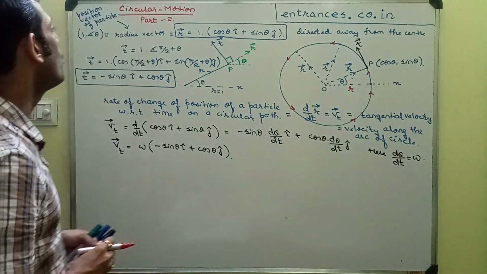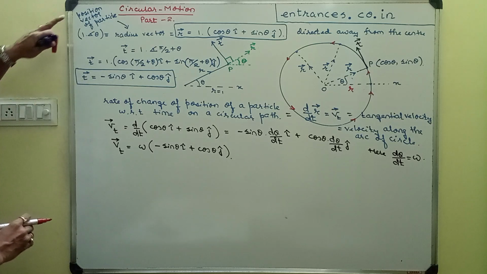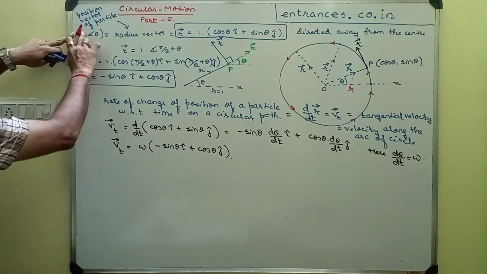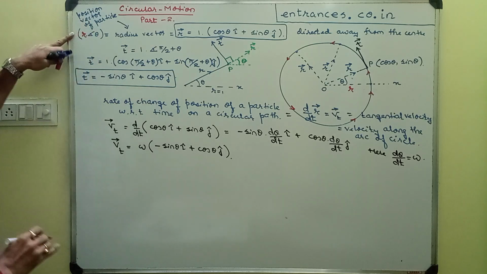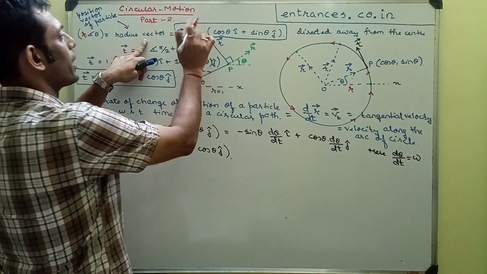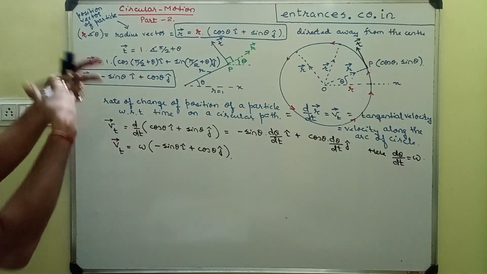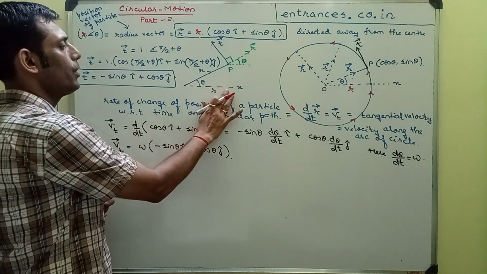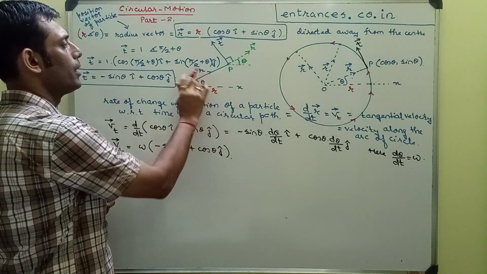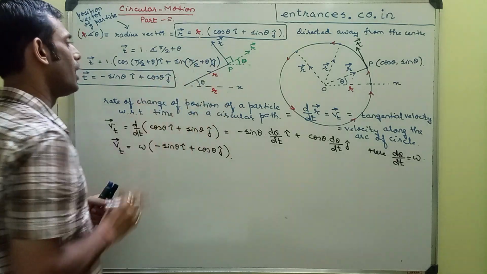And if we go that way, then the position vector of the particle shall be defined for a magnitude of r, and then the radius vector will have a magnitude of r. We keep this radius as r.